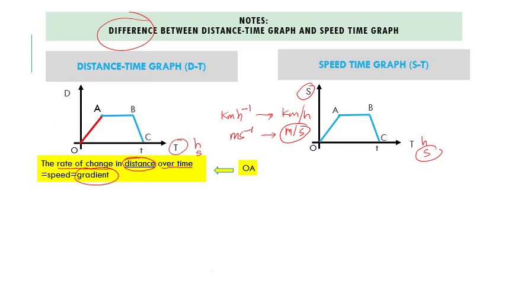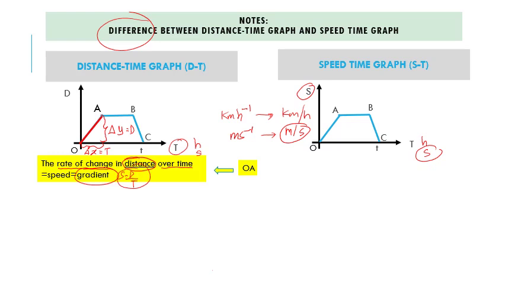Okay, so you just find the change in your distance, your y-axis, and then you find the difference in your x-axis, that is your time. So your gradient will be d over t. This is actually your speed. You can use this, it's like your formula.